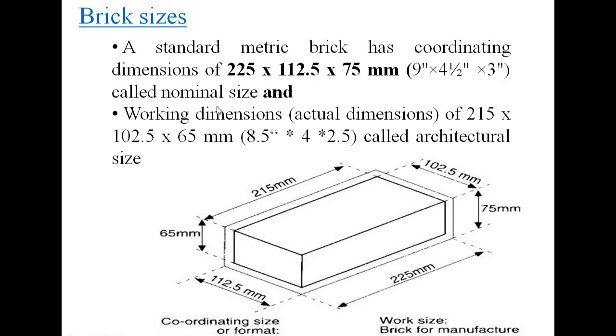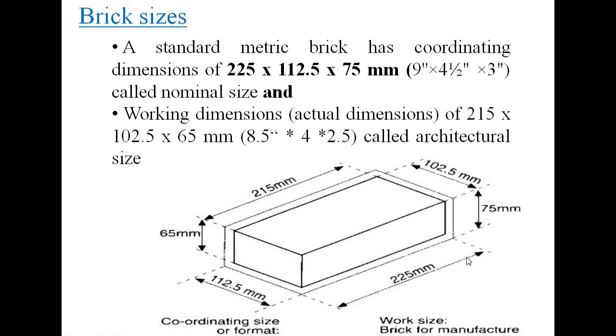But what is actually meant by working dimension and coordinating dimension? Here you can see 215 mm is the working dimension. For the same side, the coordinating dimension is 225 mm. What does coordinating dimension mean? It is the center to center distance between two joints.